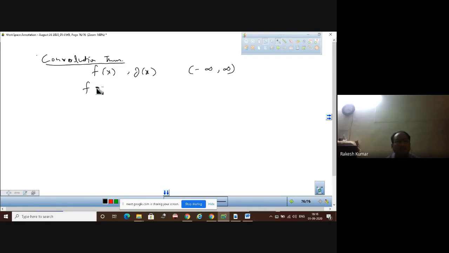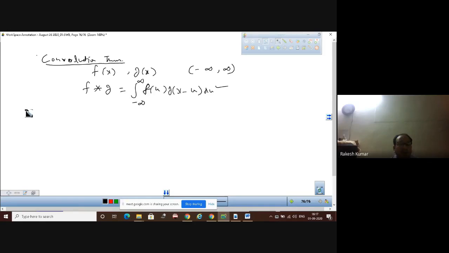Then we can define the convolution of f and g, that is, the integral from minus infinity to infinity of f(u) g(x minus u) du. This is the convolution of f and g. Note that we are integrating with respect to u. So this is the meaning of a convolution of two functions.